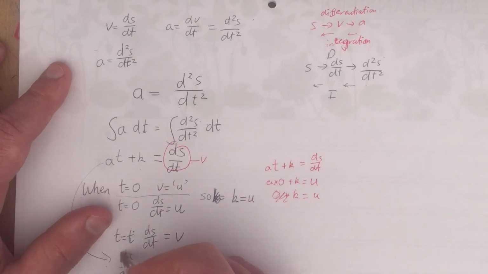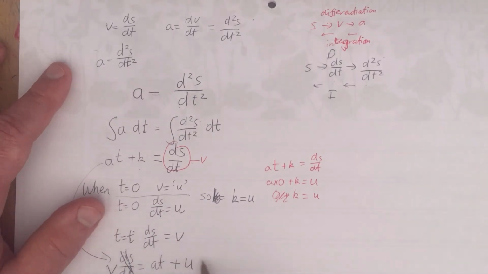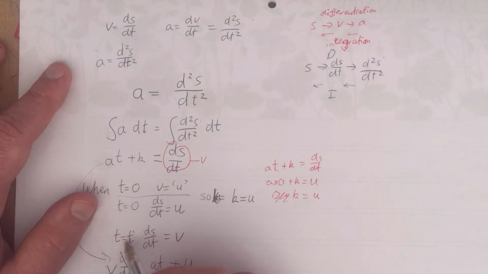So effectively what we're going to do now is take this out here and put v in instead of that. When I'm doing it myself, I do sometimes shortcut and just say the ds by dt is v, and I don't worry too much about this bit here. But it's up to you.